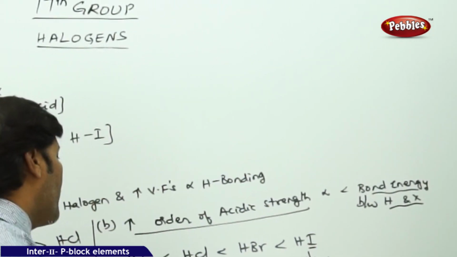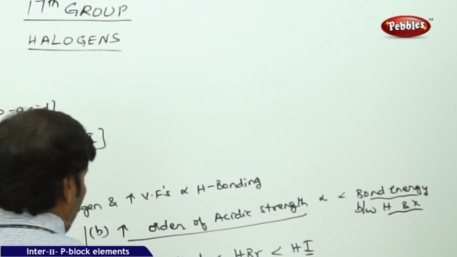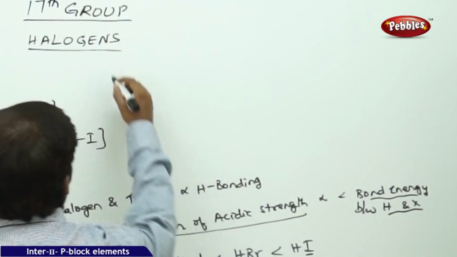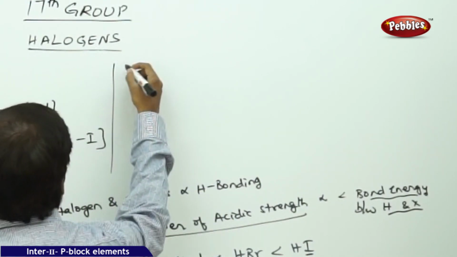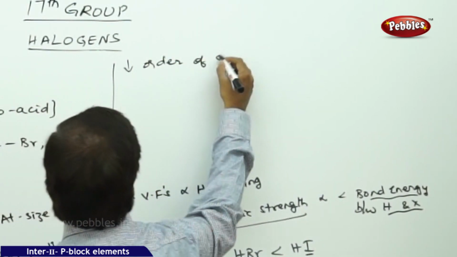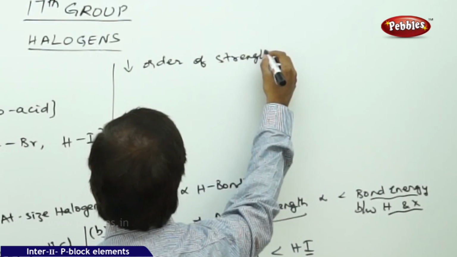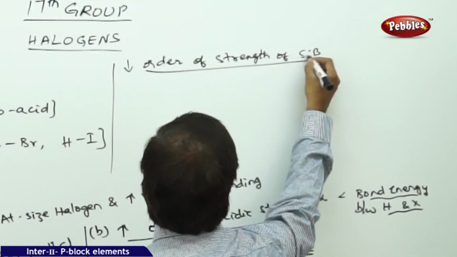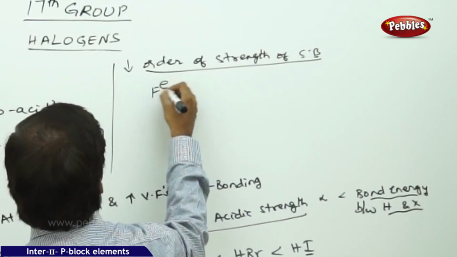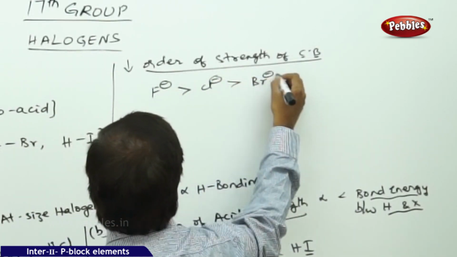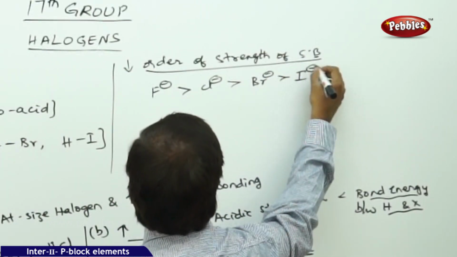Because hydrogen fluoride is a weak acid, F minus is a strong conjugate base, so I can add one more, the decreasing order of strength of conjugate base. If CB stands for conjugate base, F minus is a stronger conjugate base than Cl minus, which is stronger than I minus.